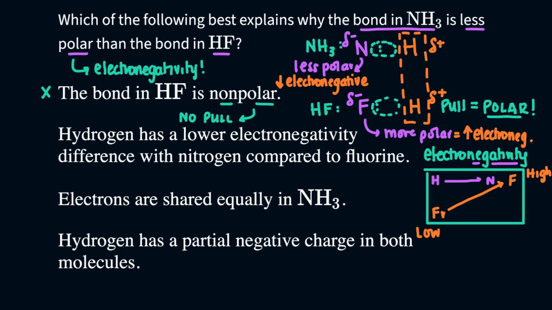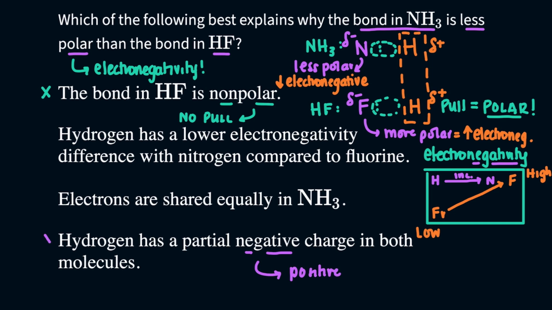As you go from left to right, you do increase your electronegativity value. So nitrogen and fluorine would both be higher in electronegativity than hydrogen. So for this one, where it says hydrogen has a partial negative charge, the partial negative always means that it's the higher electronegative element. But that's not correct. This should have been partial positive.